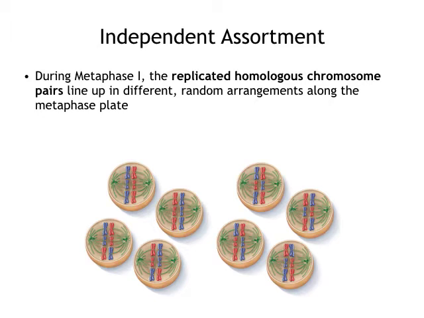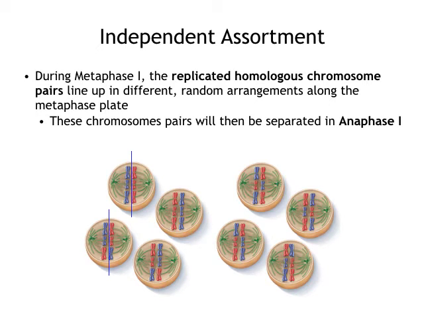Essentially you can just draw a line down the middle of these, and in anaphase 1 you're going to separate them. Imagine these two cells are just two different possibilities of how the chromosome pairs can align in the middle.